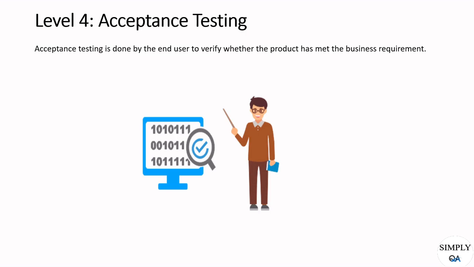The third level of testing is system testing. Testing the end-to-end flow of the application from start to end, right? That is known as system testing. And our final level of testing is acceptance testing. This is usually carried out by the customers. They will mainly check whether the specific business requirement has been met or not for the particular developed application.